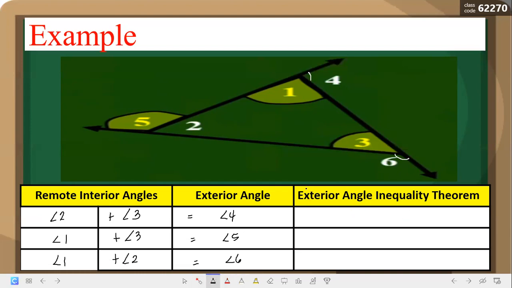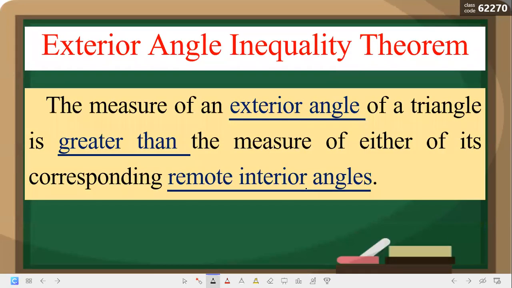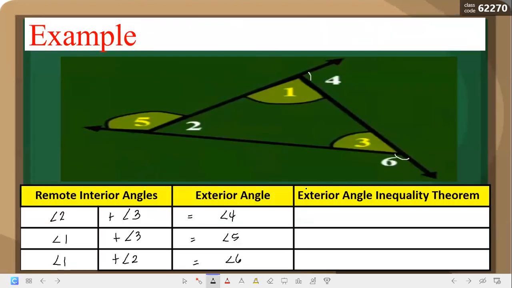So therefore, di ba, according to the statement, balik natin, the measure of an exterior angle of a triangle is greater than the measure of either of the two corresponding remote interior angles. So therefore, we can say that angle 4 is greater than angle 2.